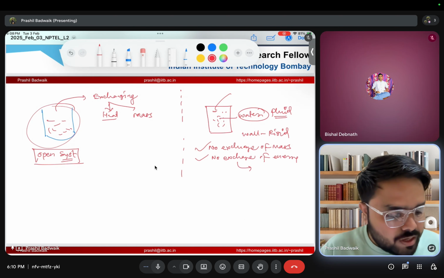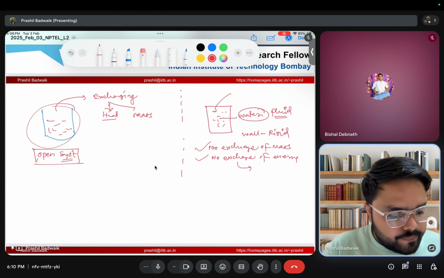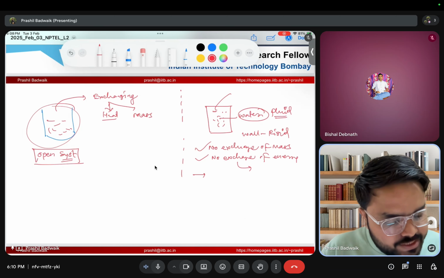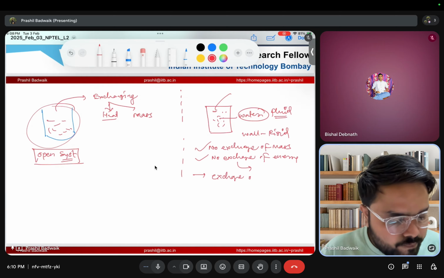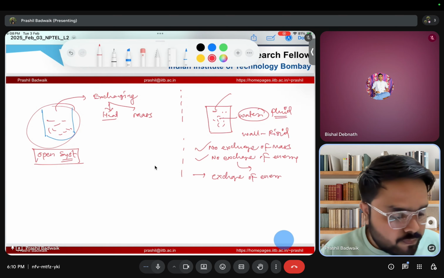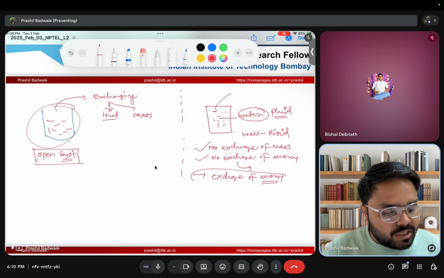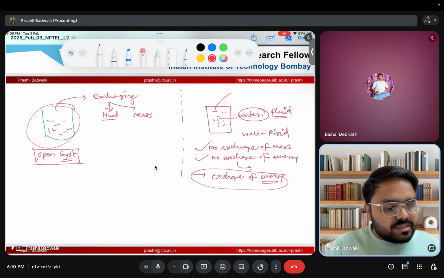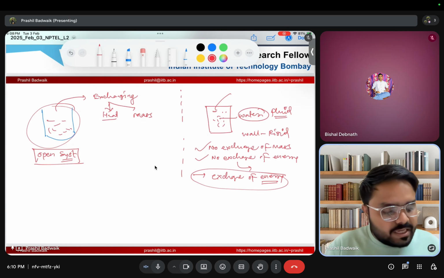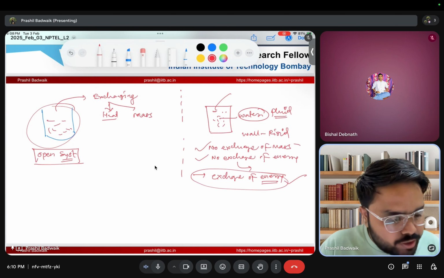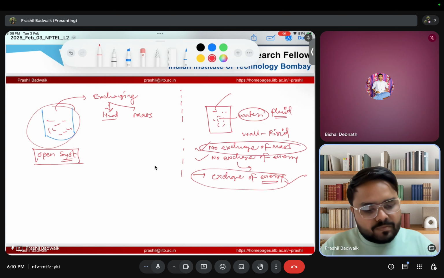right? In the other case, if there is exchange of energy, then we can say, okay, this system is a closed system where there is exchange of energy but no exchange of mass.